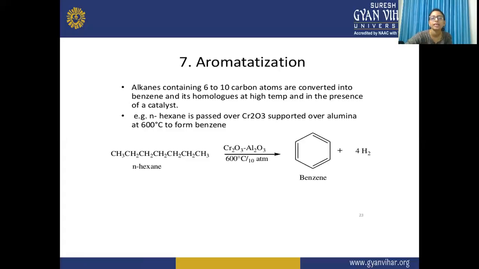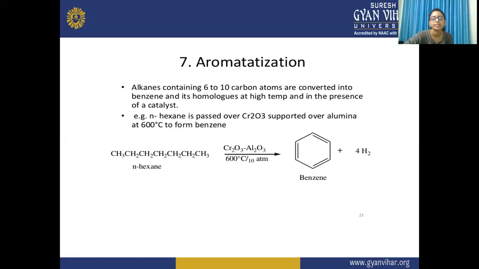So here alkanes with 6 to 10 carbons means they are hexane, heptane, octane, then nonane, then decane. So these are converted into benzene and its homologues at high temperature and in the presence of a catalyst, and the catalyst is Cr2O3, chromium oxide, supported by alumina.